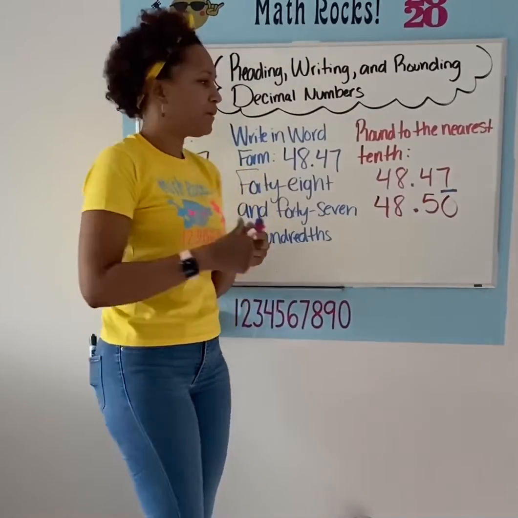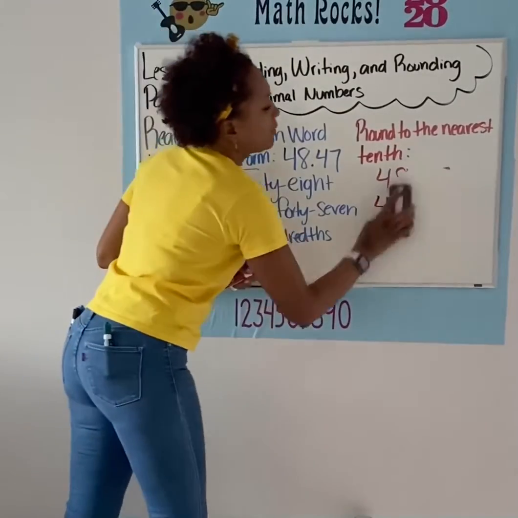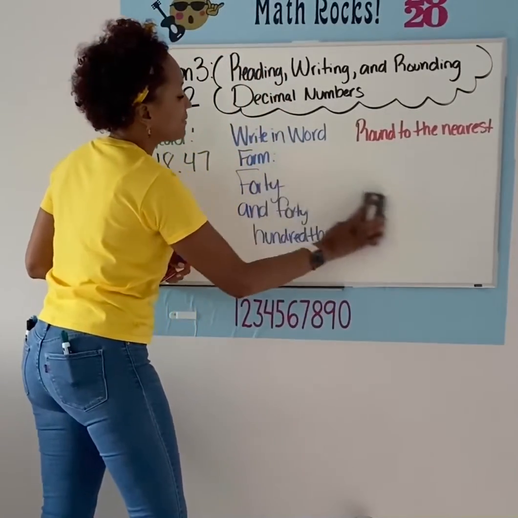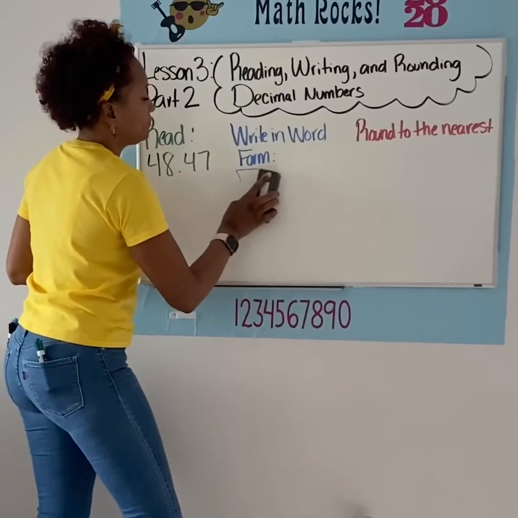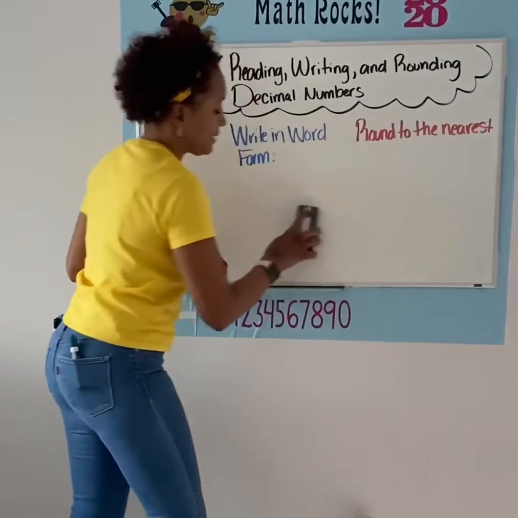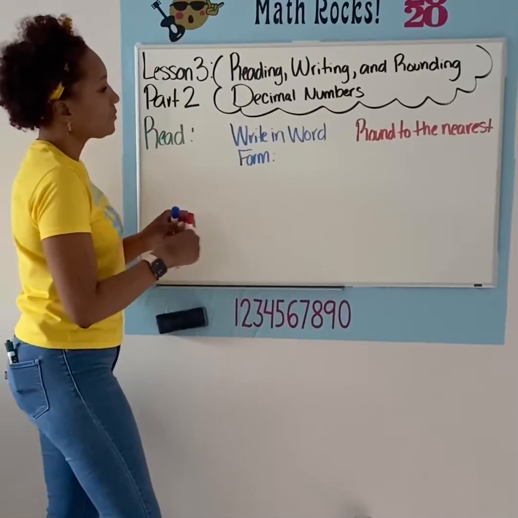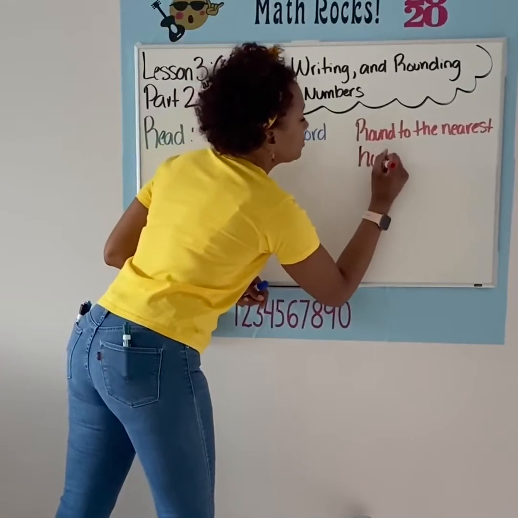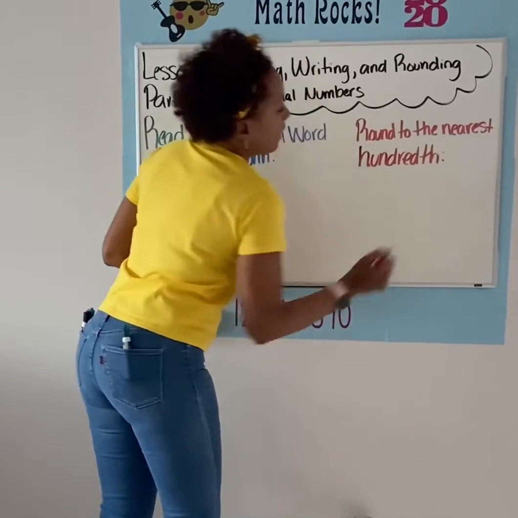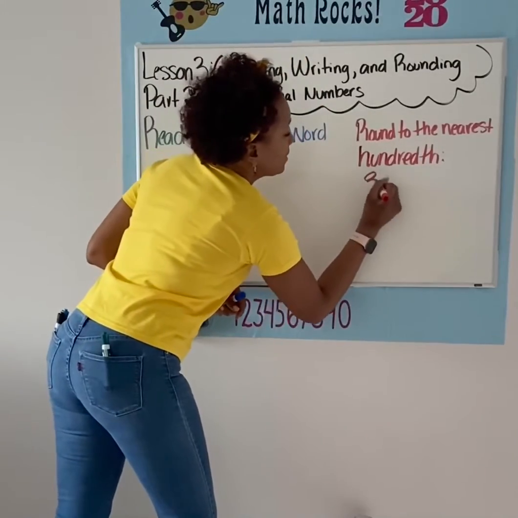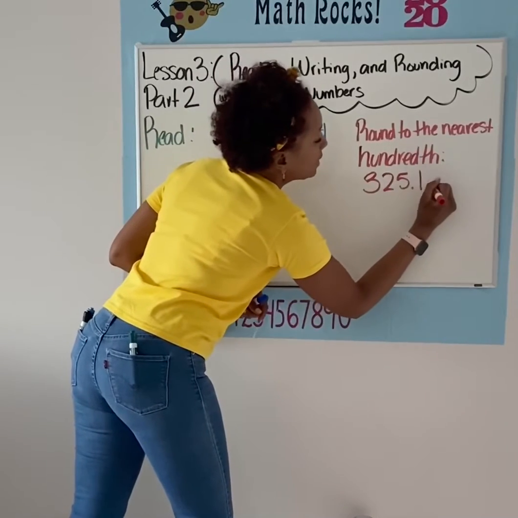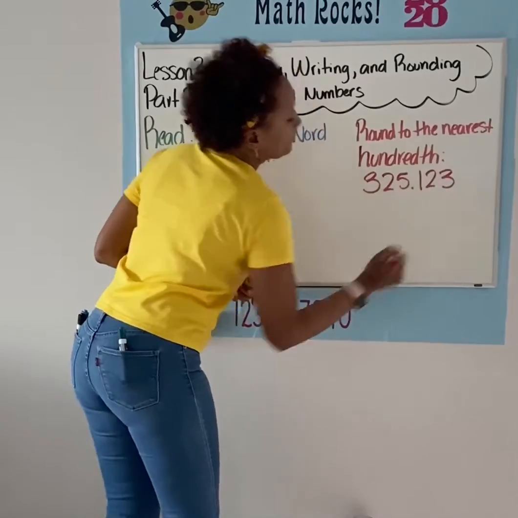Okay, let's try another one. Let's make sure that we're understanding what's going on here. This time we're gonna round to nearest hundredth. So let's change our number and let's try this again. So we're gonna say nearest hundredth. And we're gonna make our number 325.123.